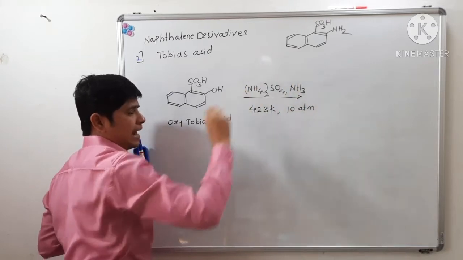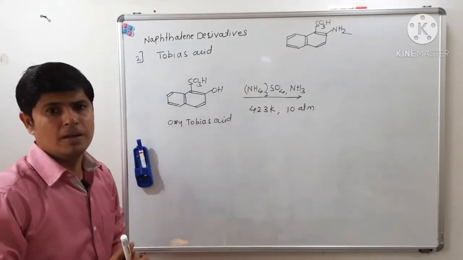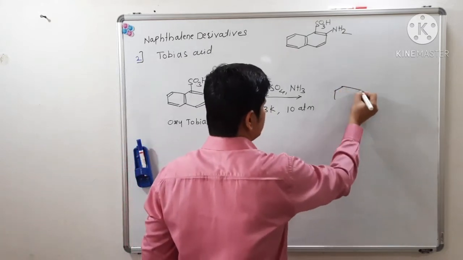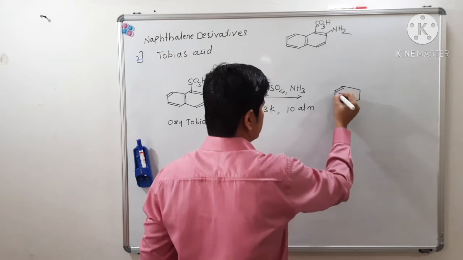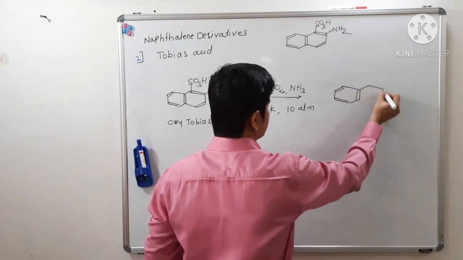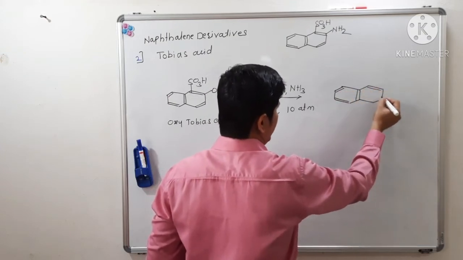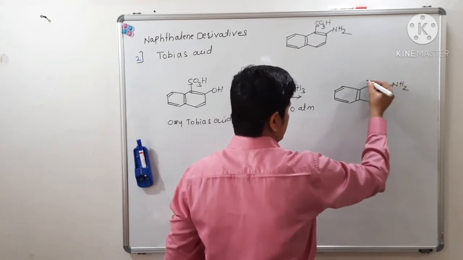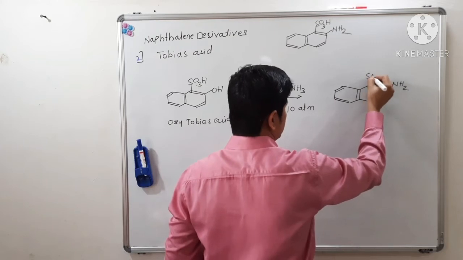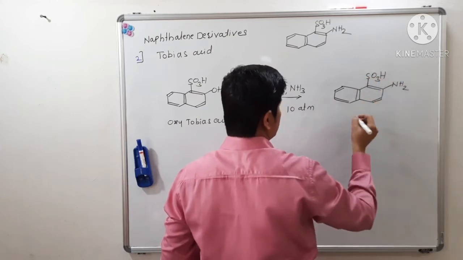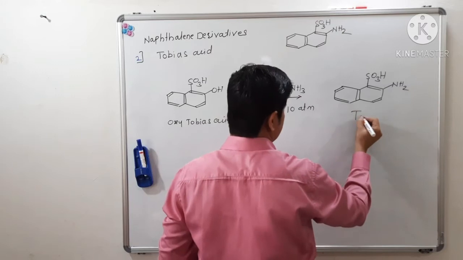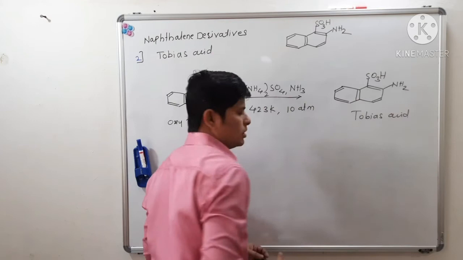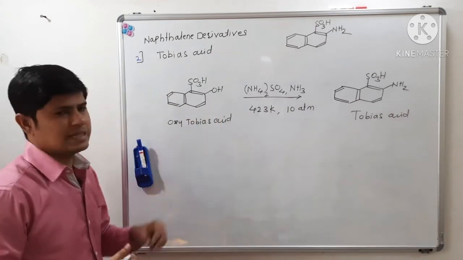So the hydroxyl group is replaced by NH2 group, and this is Tobias acid.